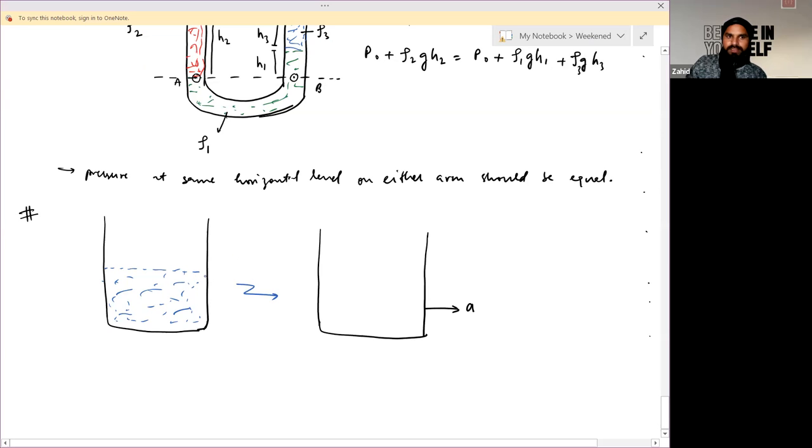If this container is accelerated horizontally by some acceleration A, in which direction does the liquid get raised up?